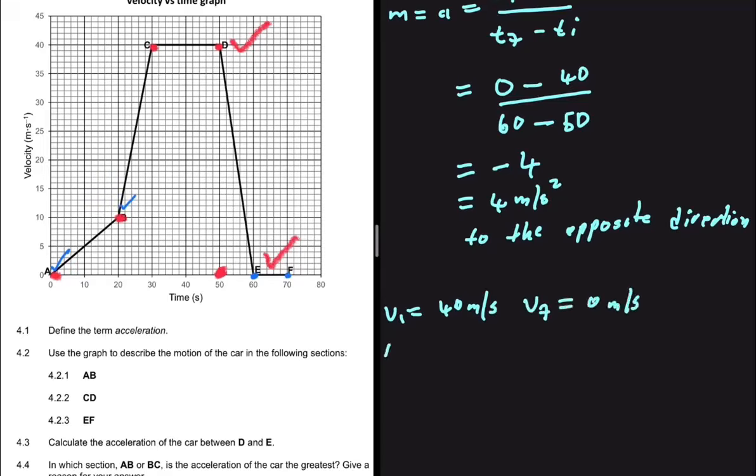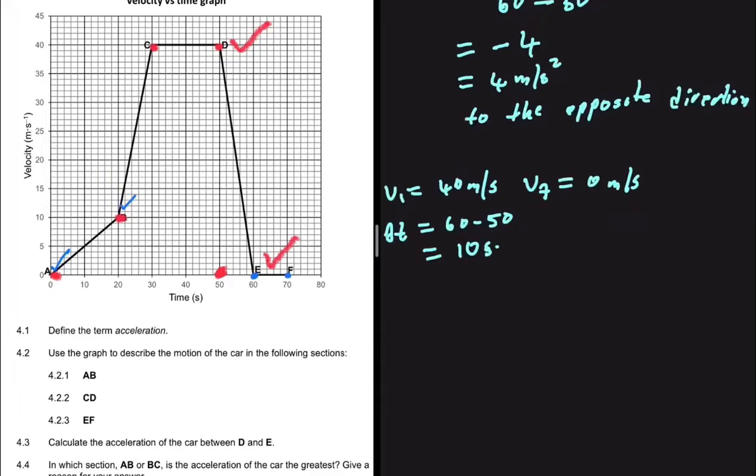Another thing we have is the change in time, which is 60 minus 50, that is just 10 seconds. The equation that you use with these variables, if you're looking for the acceleration, is Vf equals Vi plus a delta t.